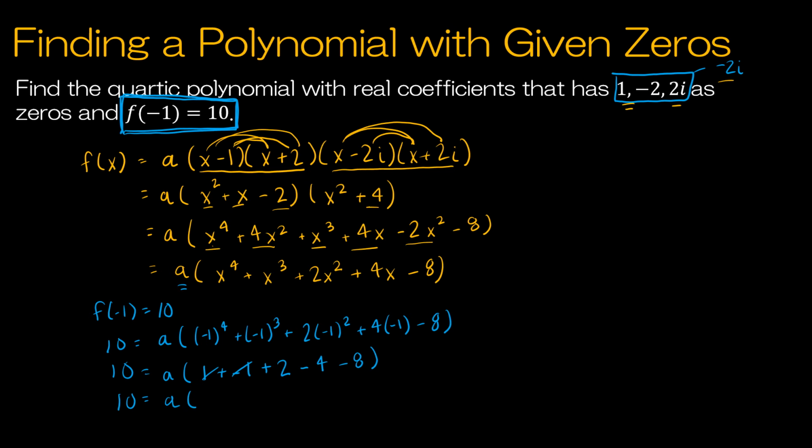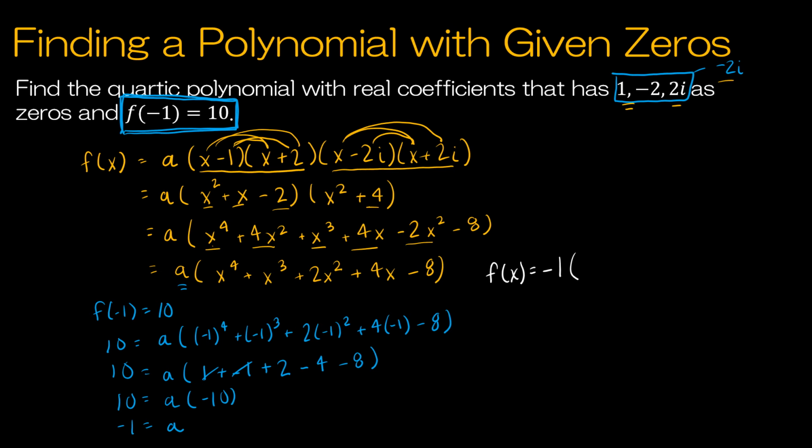So I have a times negative 10. So divide each side by negative 10, and I get negative 1 is equal to a. So my final solution is that f of x is equal to negative 1. Now you don't have to put the 1, you can just put negative.